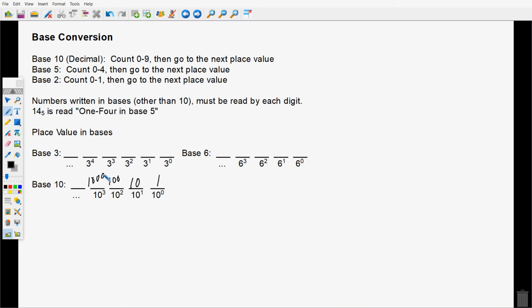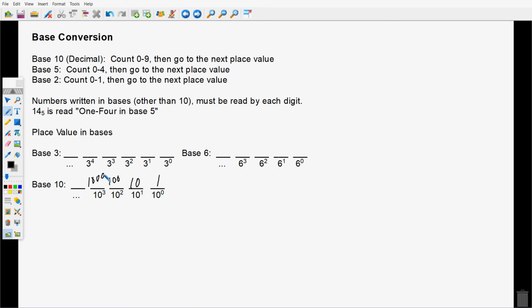Now in other bases, like base 5, you would count 0 to 4, then go to the next place value. So you'd go 0, 1, 2, 3, 4, but you will not hit 5 because it's base 5.